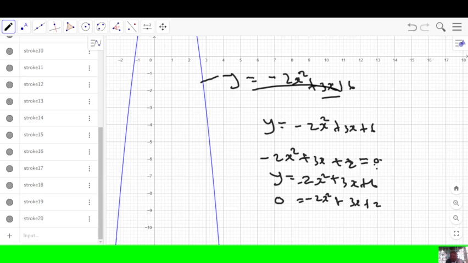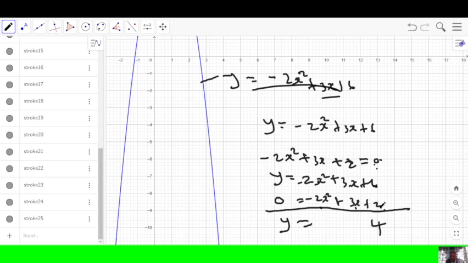How does this equation differ from this? I'll simply subtract to see the difference. The negative 2x squared terms will cancel, the 3x terms will cancel, and the constants will be different by 4. We're just subtracting, remember?